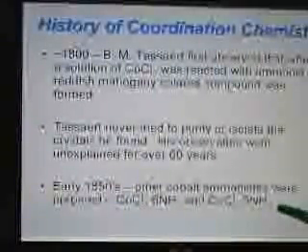Unfortunately, Tassaert never tried to do anything with the compound that he formed, so it was observed, but it went unexplained for over 60 years. In the early 1850s, other cobalt ammoniates were prepared, such as CoCl3·6NH3 and CoCl3·5NH3.